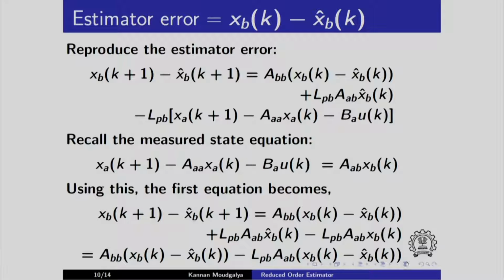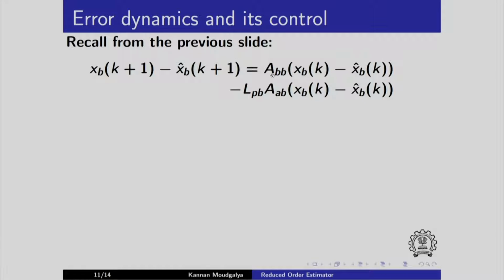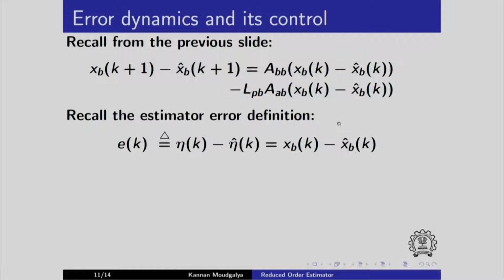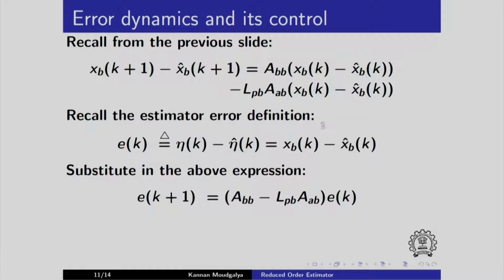So let us start with this equation. This is what we had in the previous slide, and recall the estimator error definition. So this is error. So you can see that error is present in both the terms. So I get ABB minus LPB into AAB into E of k.